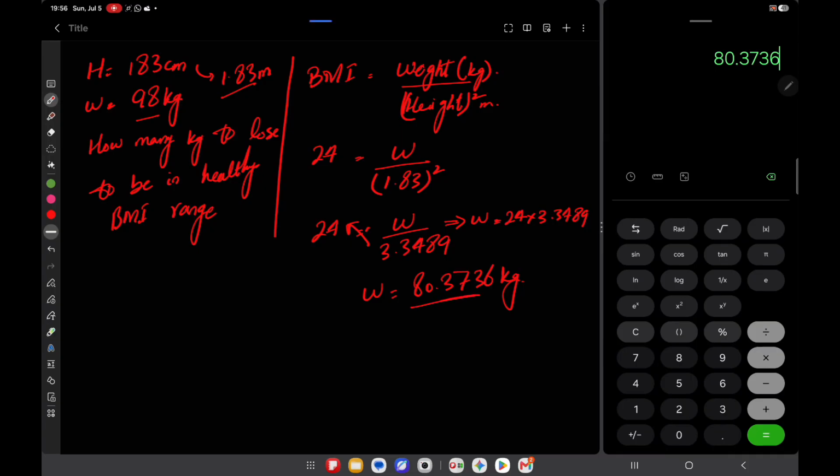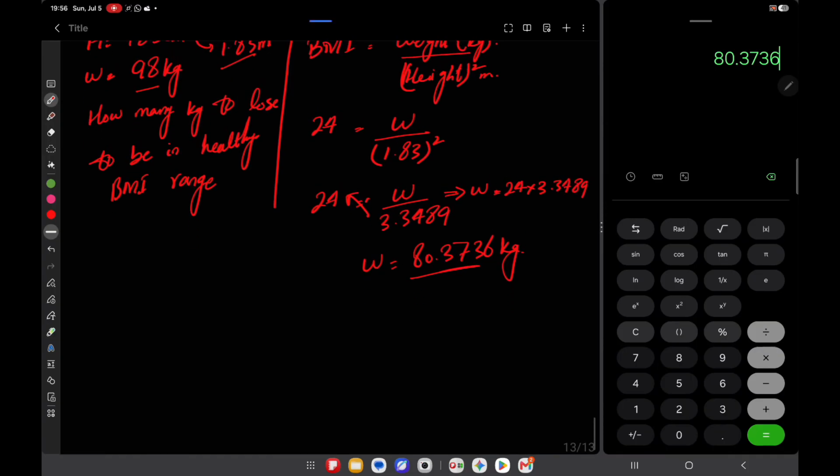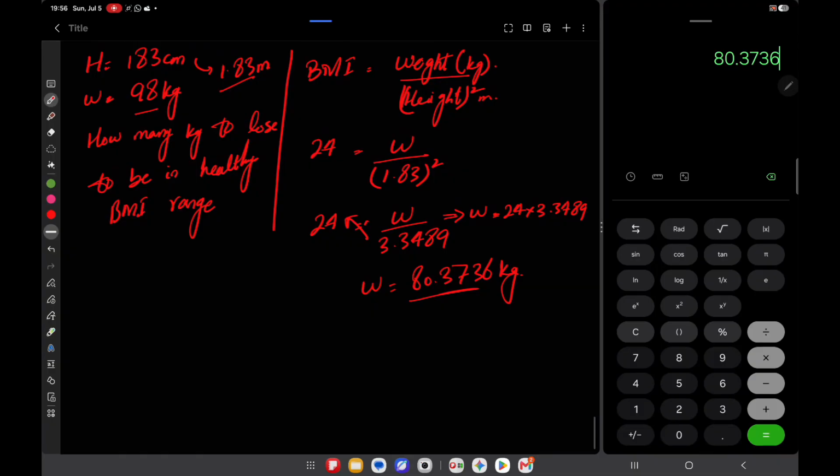Now this is the ideal weight the patient should have. So kgs to lose is equal to current weight minus ideal weight, or healthy weight.